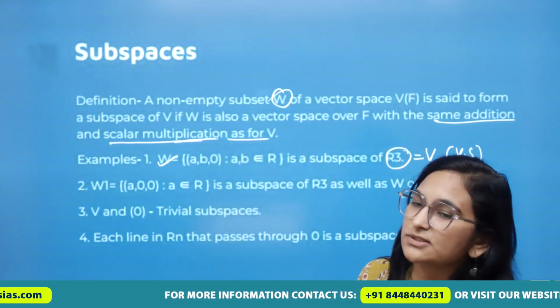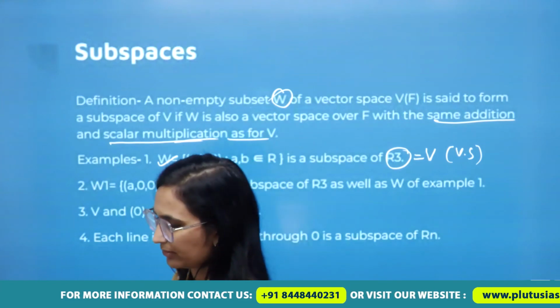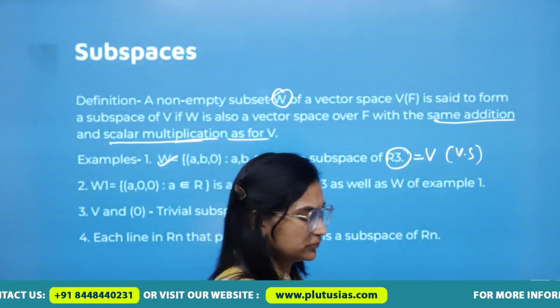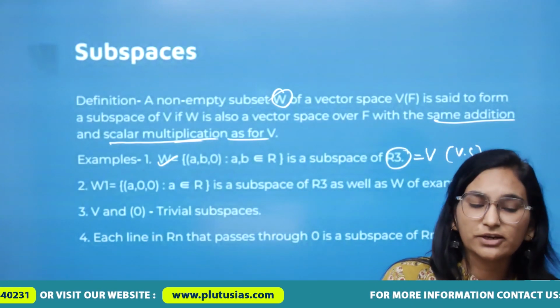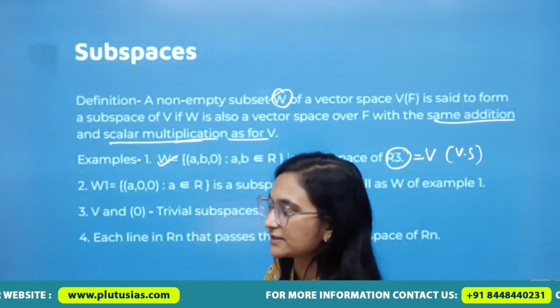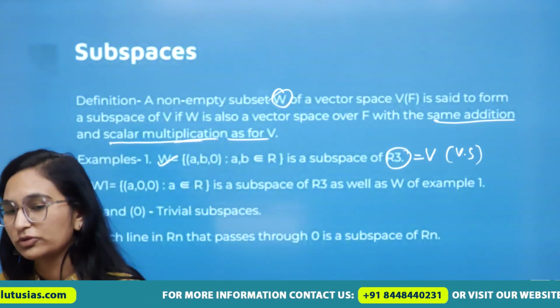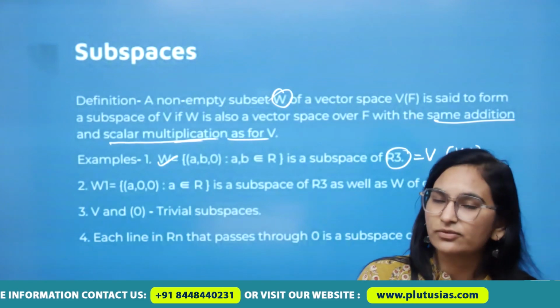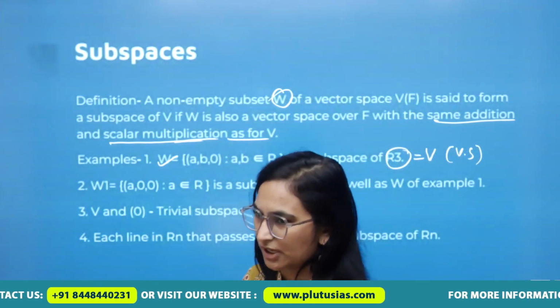And what were the properties? That W should be non-empty, then an internal binary operation should be defined on W, an external binary operation should be defined on W over F, and then it should satisfy 4 properties of vector addition and 4 properties of scalar multiplication, right?